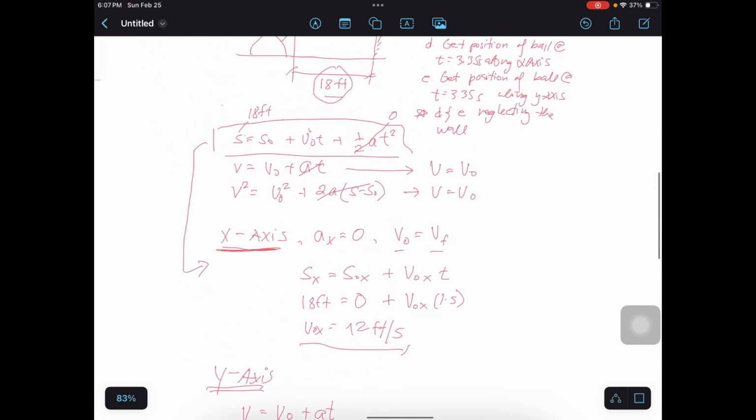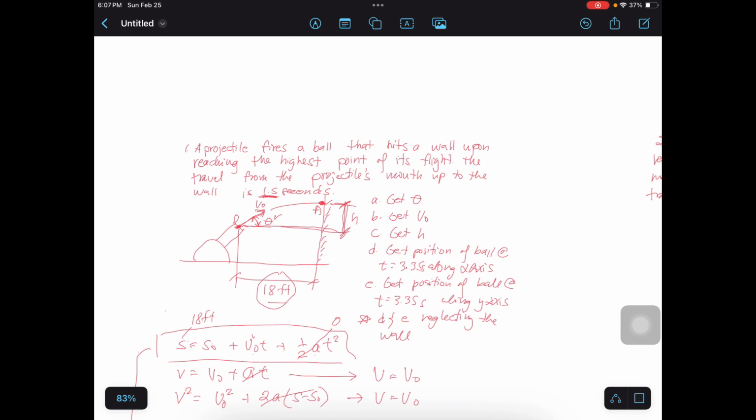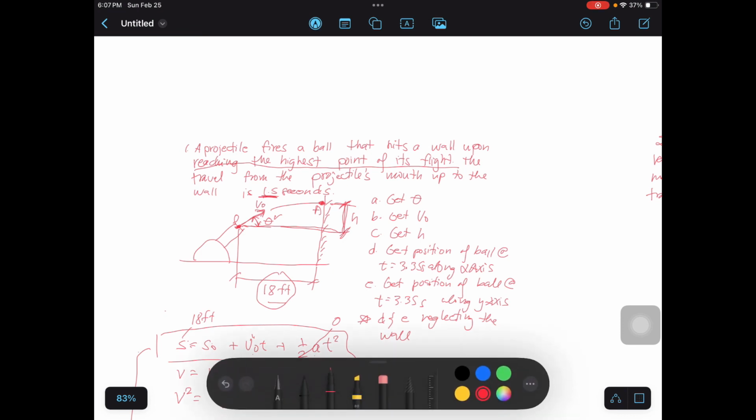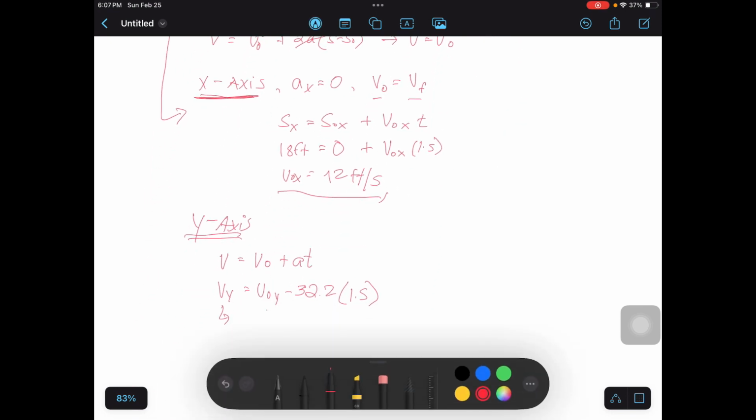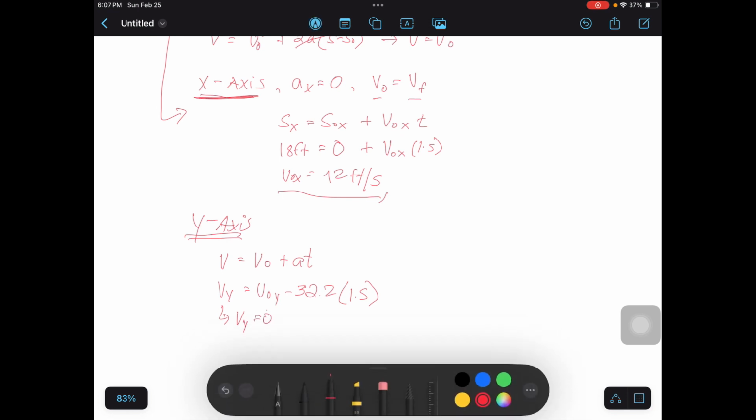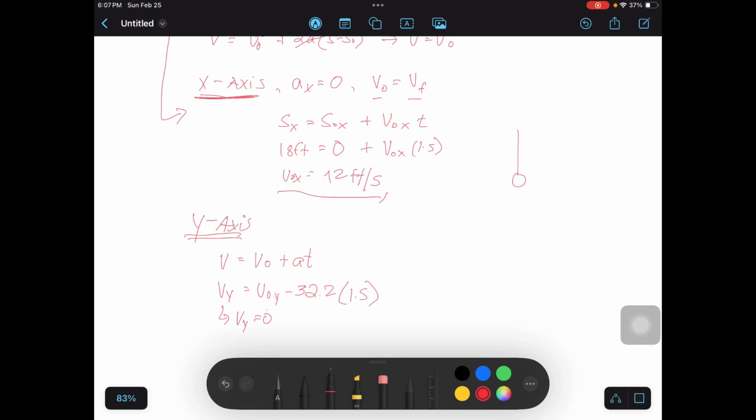But, kung babalikan yung problem, it says na the ball hits the wall upon reaching the highest point of its flight. So, for projectile, kapag sinabing highest point of its flight or highest point ng trajectory niya, that means yung V final natin is 0. So, recall, kapag nag-throw ka ng bola, binibigyan mo yan ng initial na velocity.